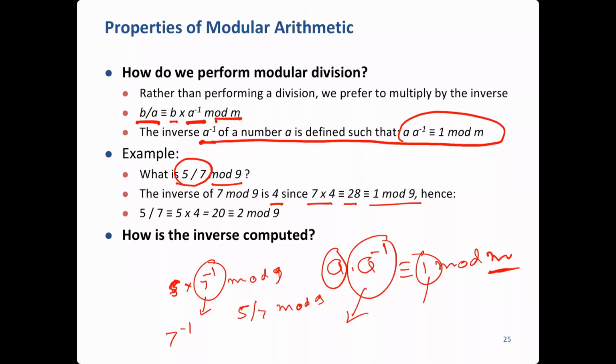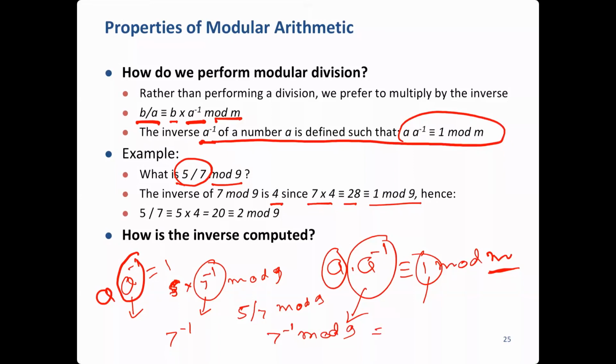Okay. So a into a inverse is equal to 1. That you have to remember. And a inverse you have to calculate using this method. So we have to get 7 inverse mod 9 again.